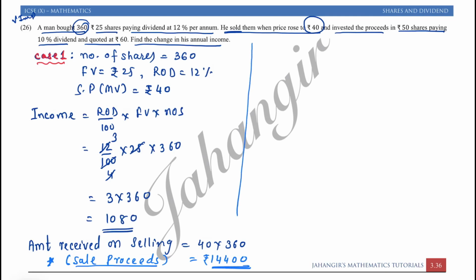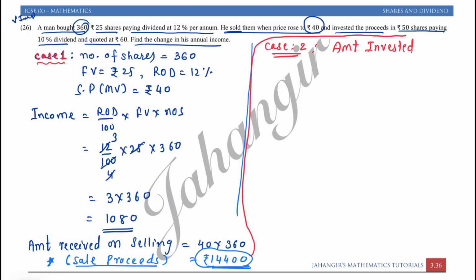Now this amount I will be investing in the second company. So let us write case 2. In case 2, the amount invested is whatever amount we are getting. When you sell one kind of share, whatever money you get, you invest the same amount in another company.